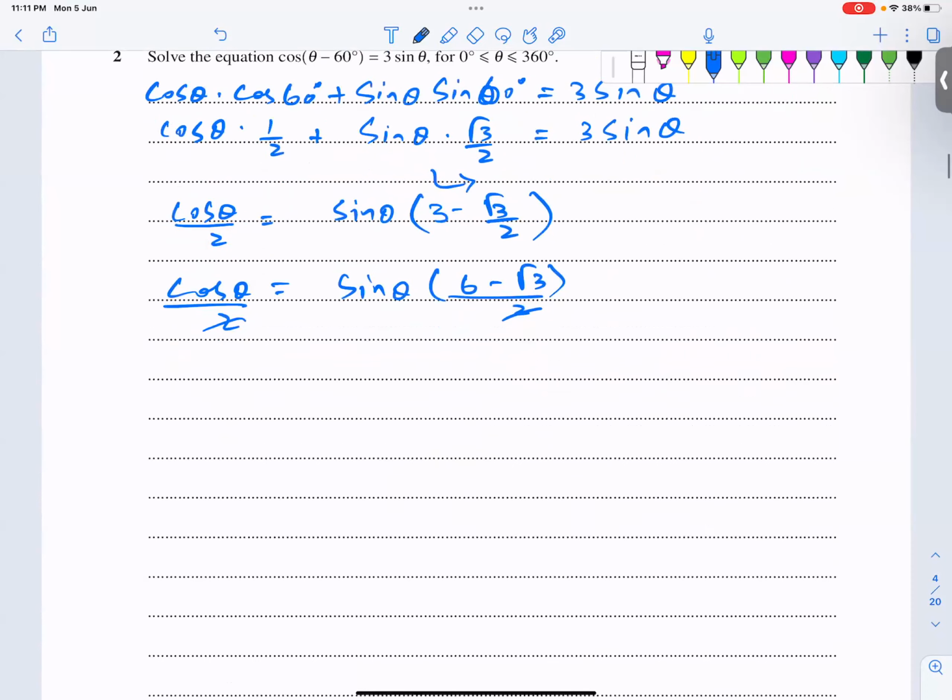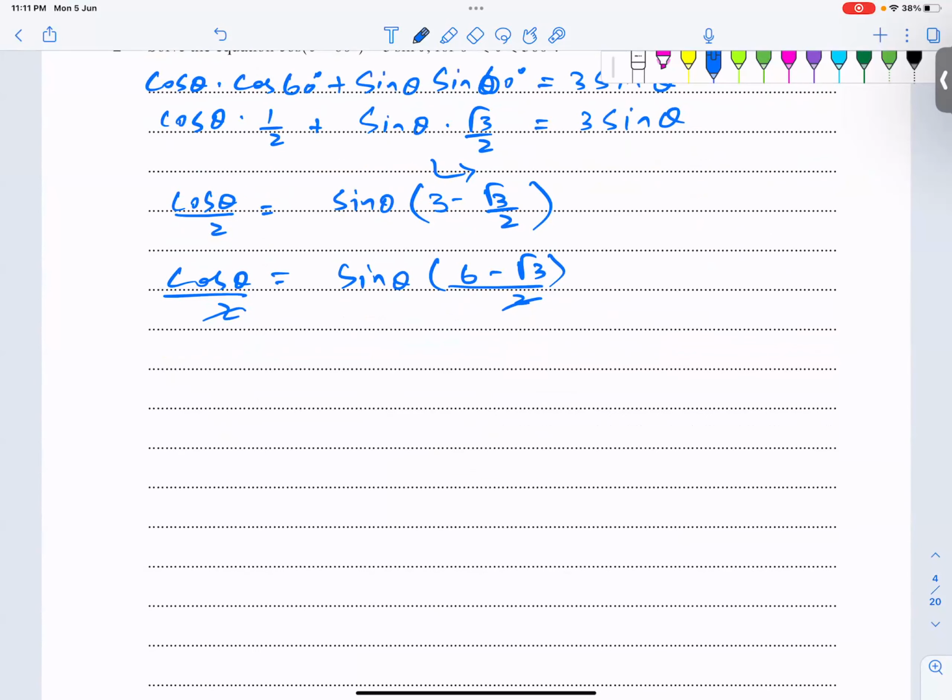And now you can make the tangent from this. You can bring 6 minus square root 3 on the left side, and on the right side, you can make sine theta over cos theta. So this will become tangent of theta. So tangent of theta will be 1 over (6 minus square root of 3).